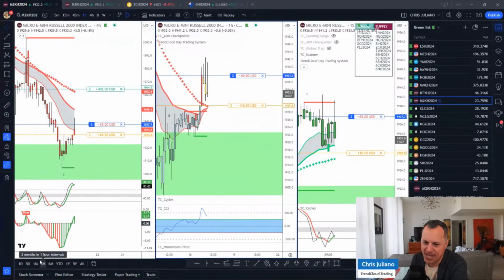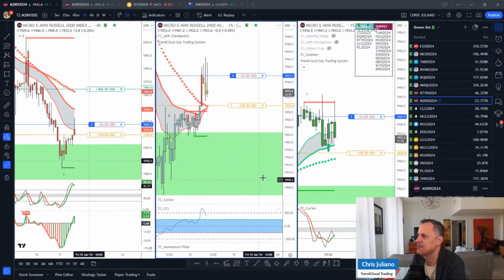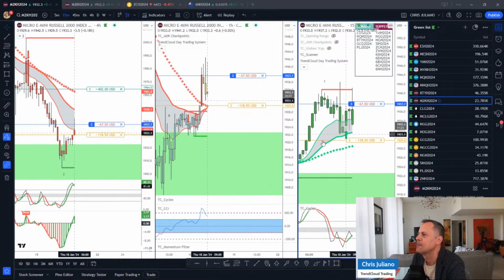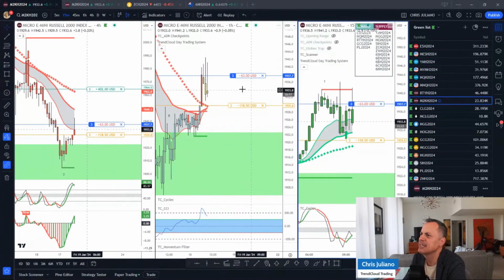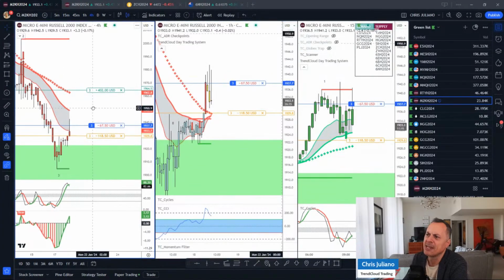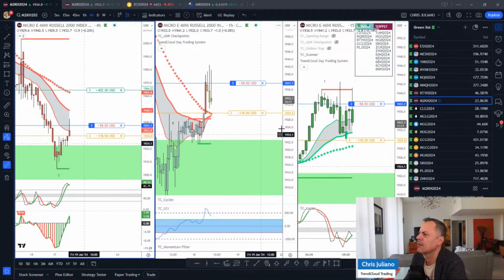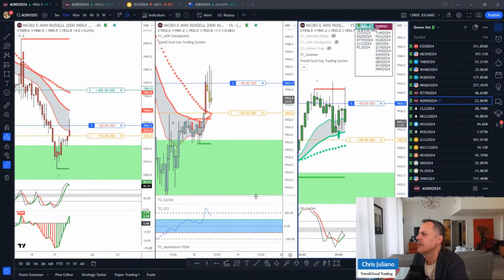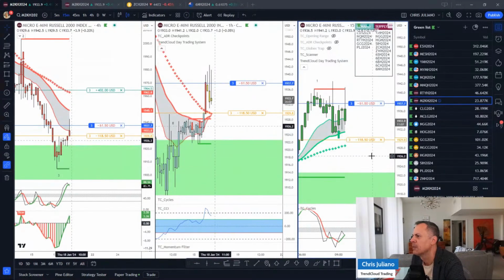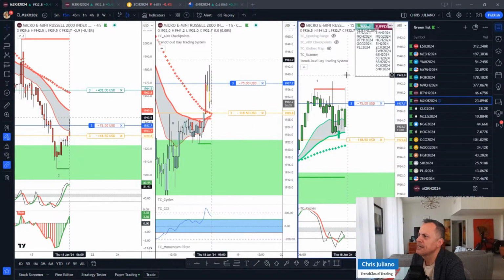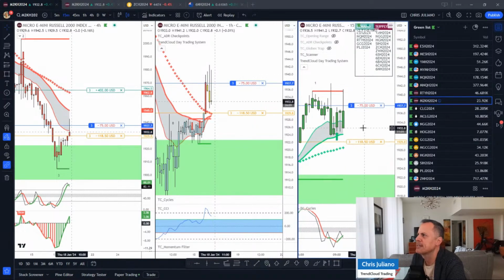Okay, and pulling back. Did we break structure here? It broke structure here, wanted to do it again here. And everybody's saying no, no, no. Whoa. So we shall see how that works out. Immediately got in and pounded us right back down.